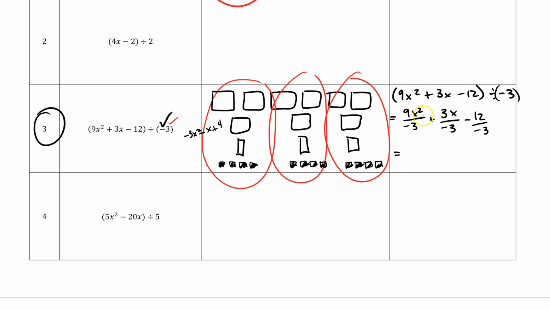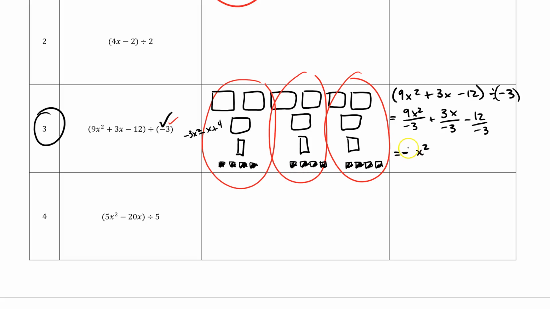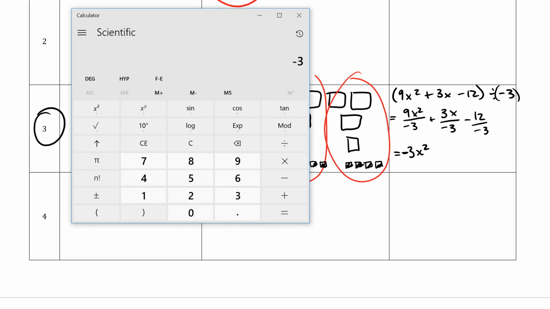9x squared divided by negative 3, well, we know that it's going to be x squared, but what's going to happen to the coefficient there? 9 divided by negative 3 equals negative 3. So I'm going to say negative 3x squared. And now this one is going to be positive 3 divided by negative 3, and we know that the term is always going to be x.